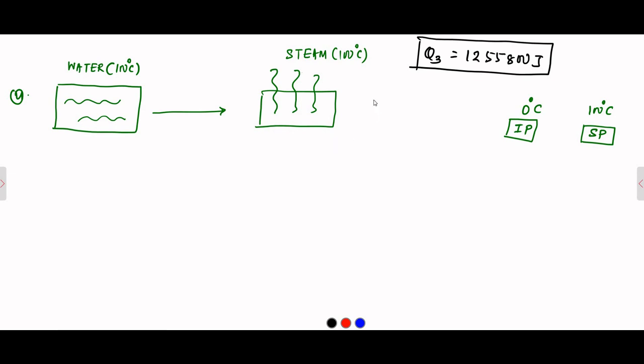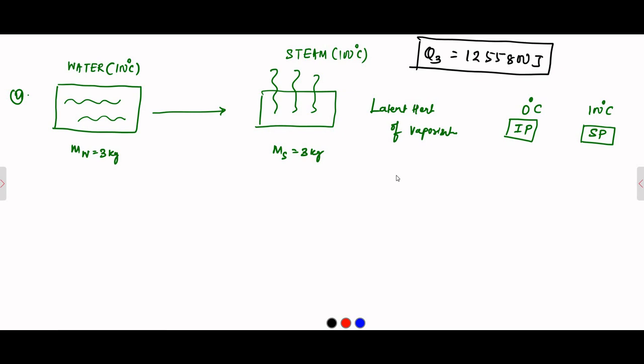Wherever temperature is remaining constant, it means the latent heat concept will come into play, so latent heat of vaporization will come into play. Here the mass of water is 3 kg, and for the steam it will also be 3 kg.